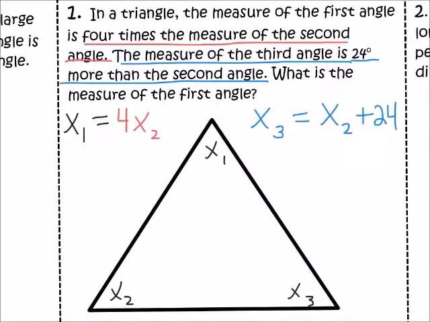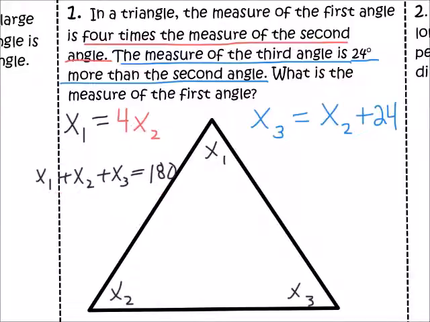Like I said, we have to write down that one equation that says x1 plus x2 plus x3 equals 180. Now we can substitute into this equation all of the information that we've come up with for our x sub 1 and our x sub 3, and then we can solve.